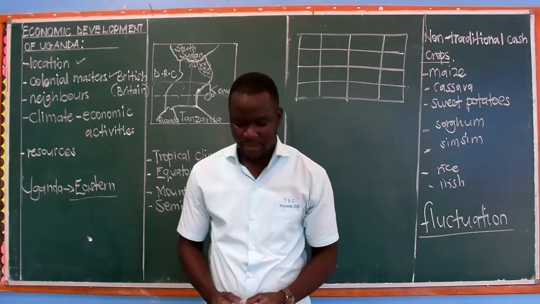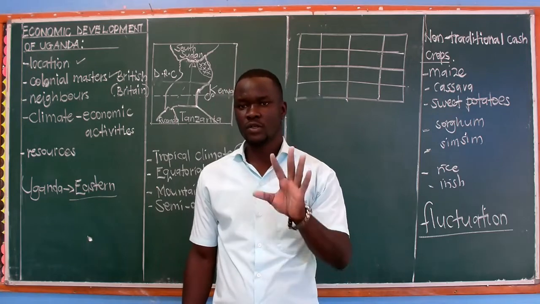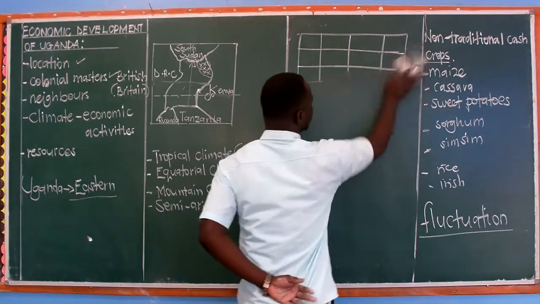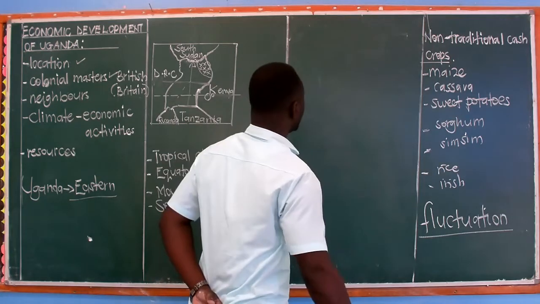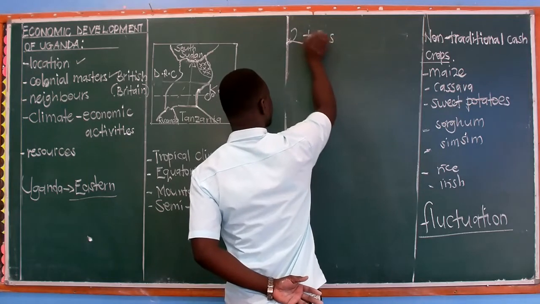We have the types of farming there, and we have got 2 types of farming. That is what we want to look at on that page 49.